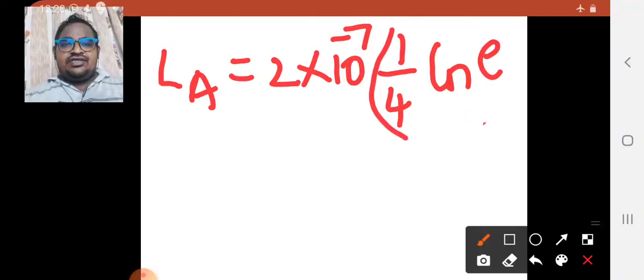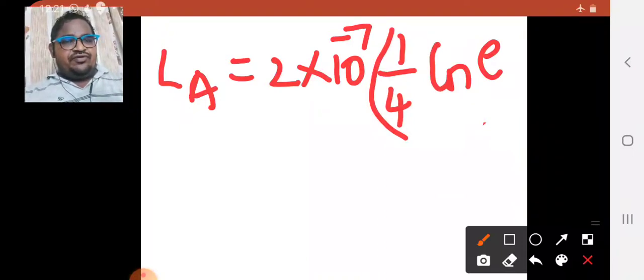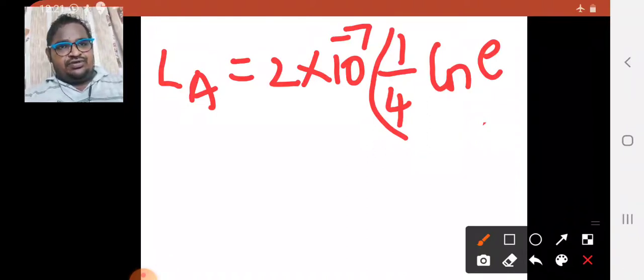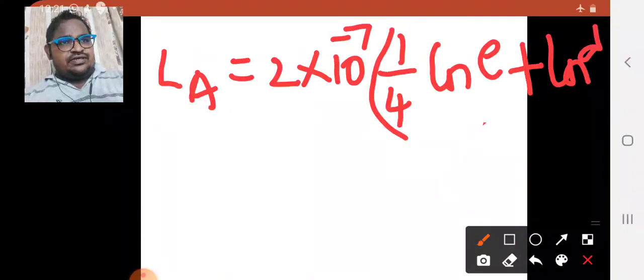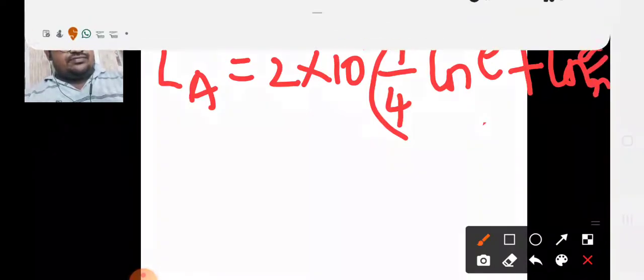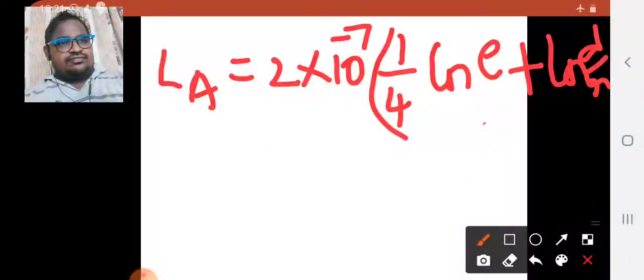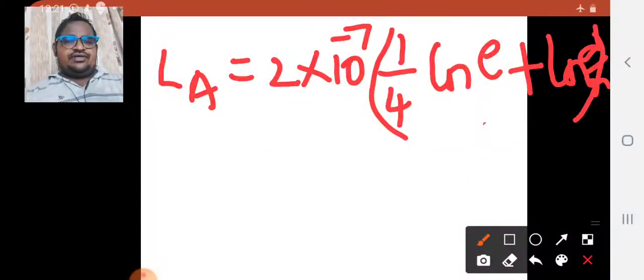The value of ln E is 1, because log E base E is 1. So hence I am directly writing 1 by 4 ln E, and the value is 1 by 4 into 1 only, no change, plus ln d by R. Is it right?